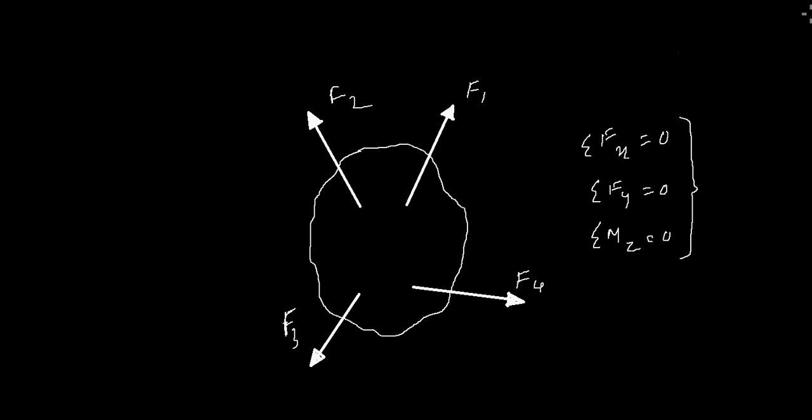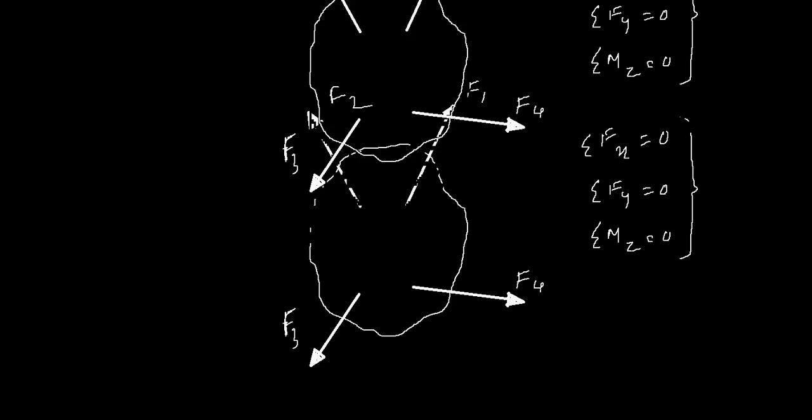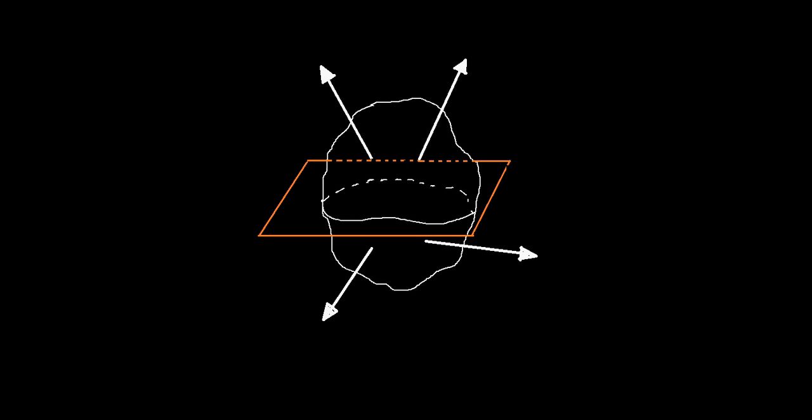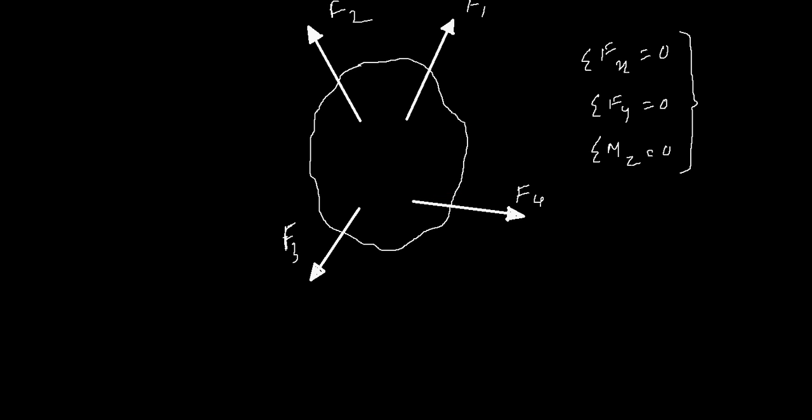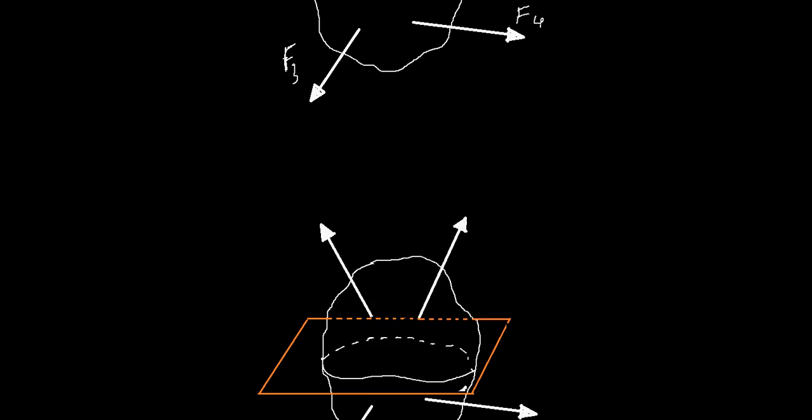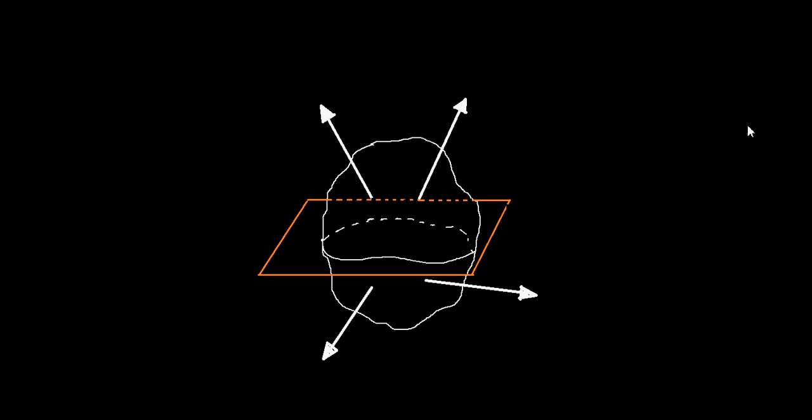We divide the body into two parts using an arbitrary plane. So you can see here the body is divided into two parts using an arbitrary plane, say ABCD.